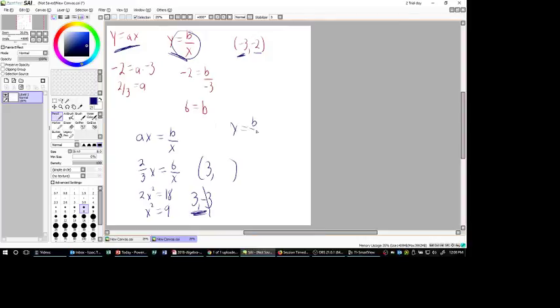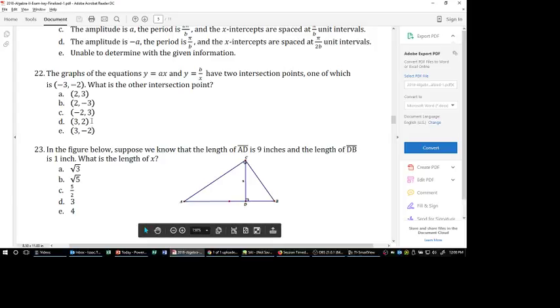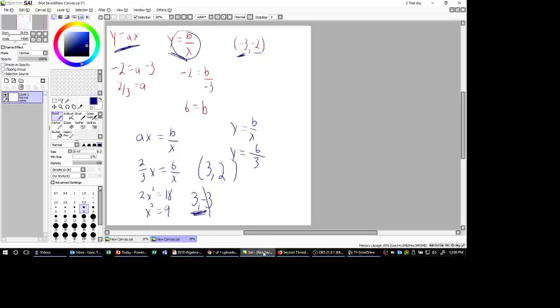If y equals b over x, and I'm trying to figure out what y is when x is 3, and I did that work to figure out that b is 6, then that would mean y would need to be 2. Back at our choices, 3, 2, that was choice D. So that would be sufficient, selected, and move on.